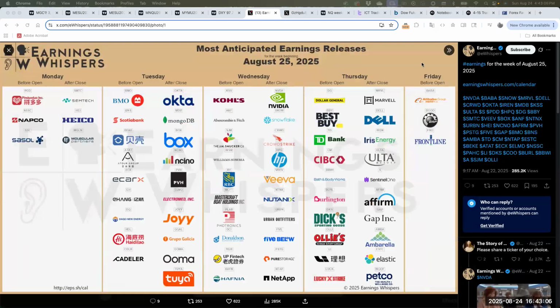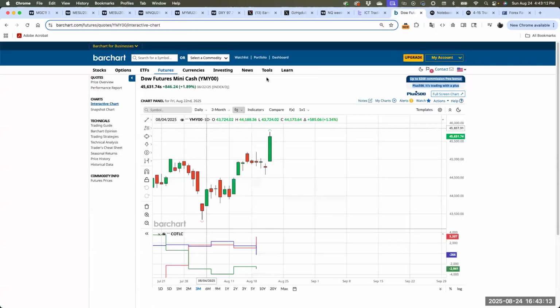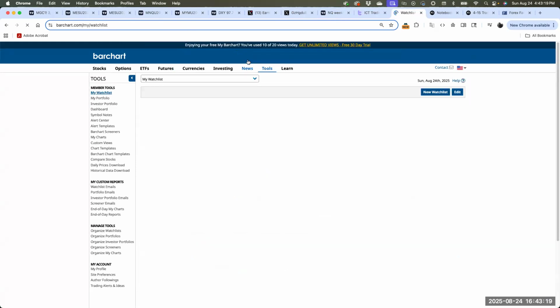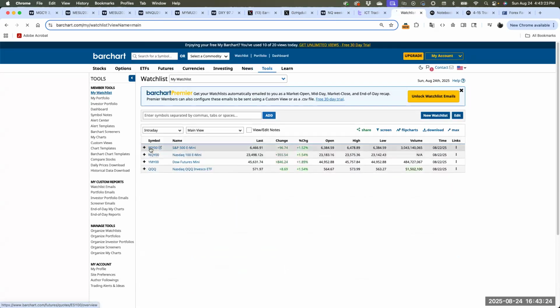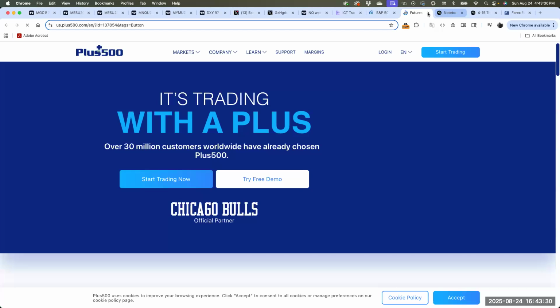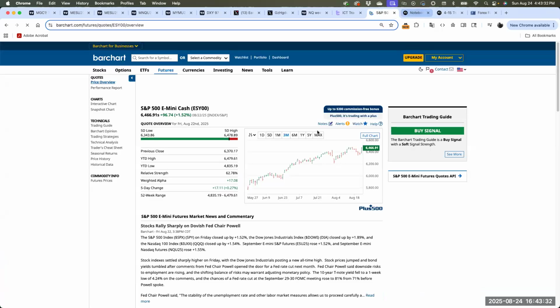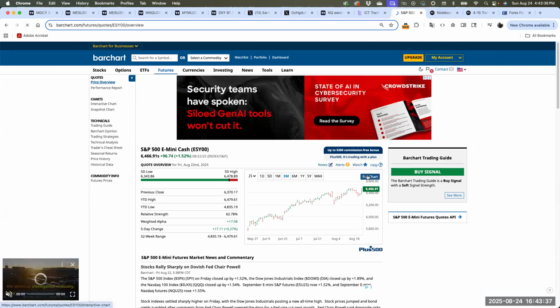So then let me go with the institutional orders. You got NQ kind of leading the pack right now. Again, NQ is tech heavy, so that's kind of the reason why you're seeing NQ lead.